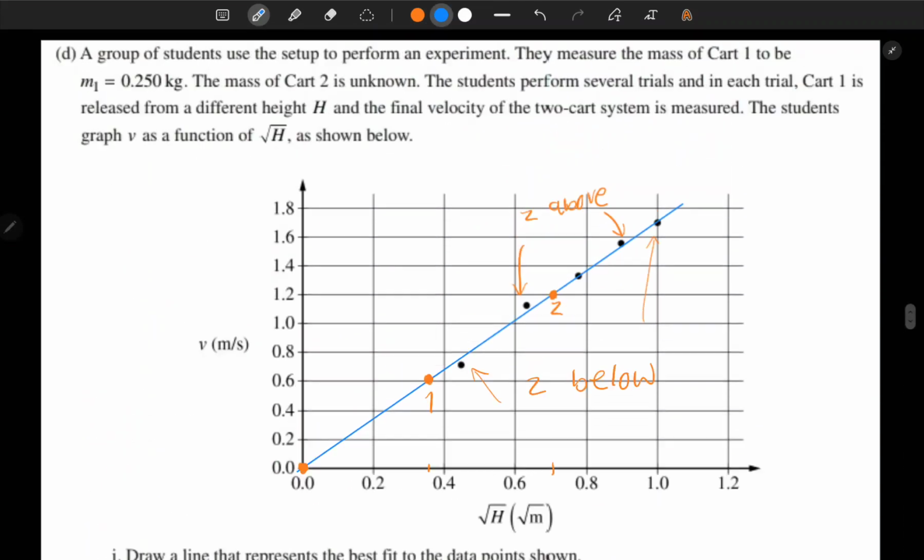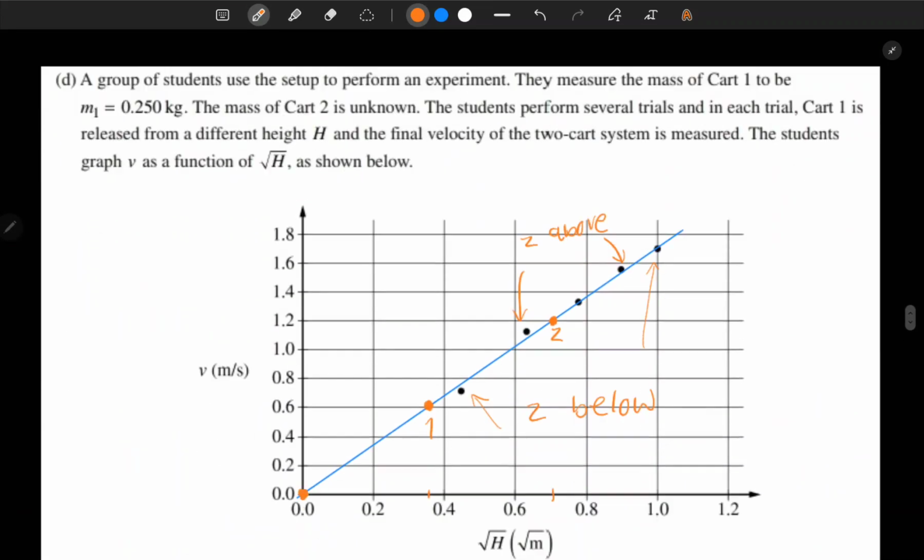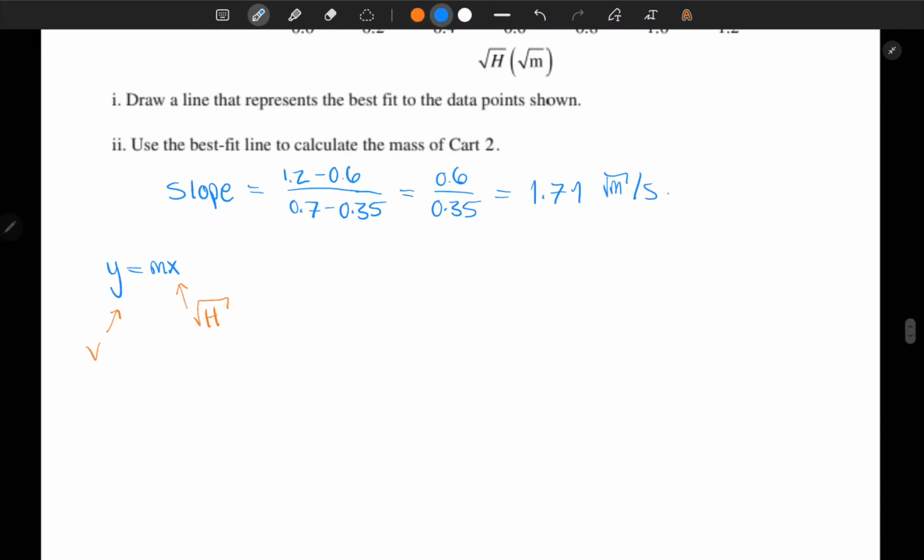Then, looking at the equation we found above, we see that v is equal to this junk here times the square root of h. So this junk here that I circled in orange is exactly the slope. So we find that the square root of 2g times m1 divided by (m1 plus m2) is equal to the slope, which is equal to 1.71.